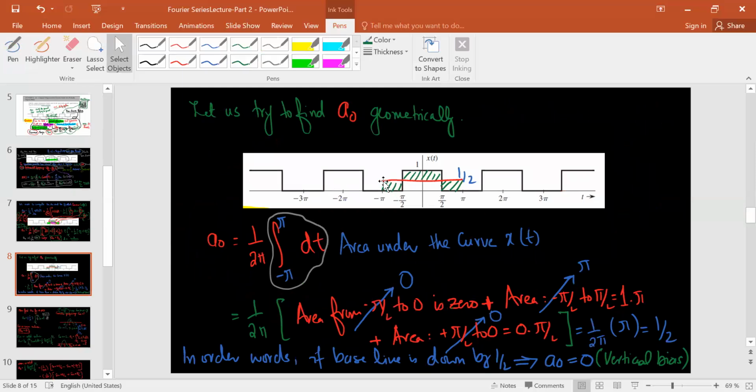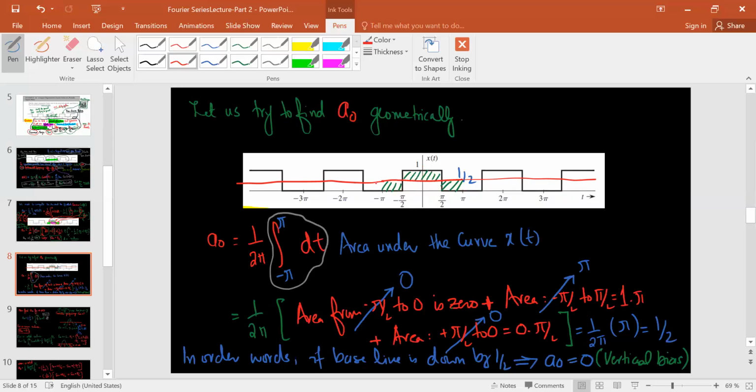So for example, if your baseline was this red line, okay? If this red line is your baseline, now if I take my Fourier transform a naught, then the area above and the area below will be 0.